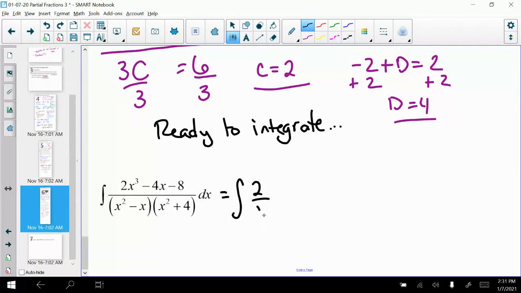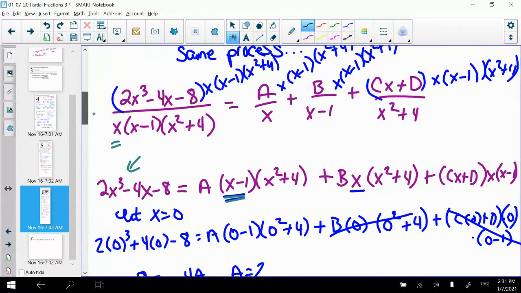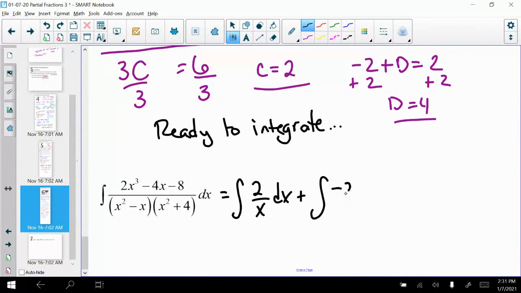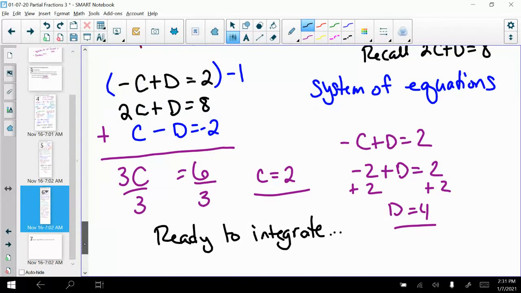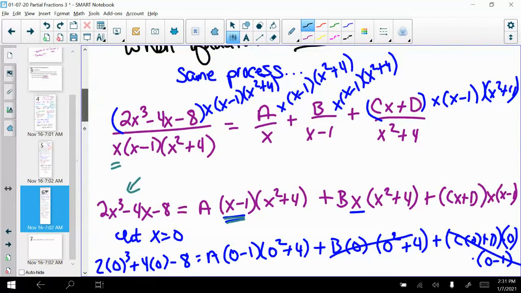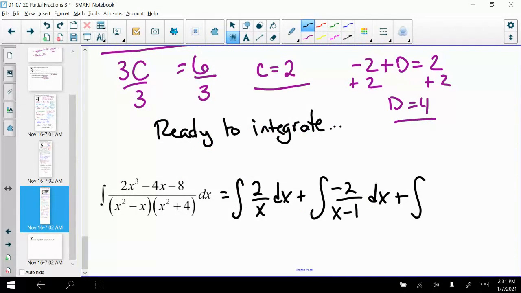So 2 over x dx plus, and then B was over x minus 1, and it was -2. -2 over x minus 1 dx. And then C was 2 and D was 4, and they were over x squared plus 4. So 2x plus 4 over x squared plus 4.